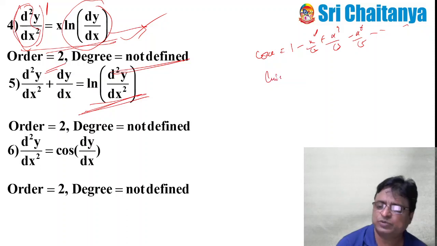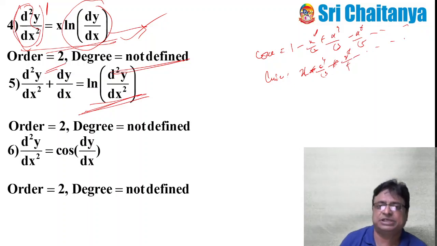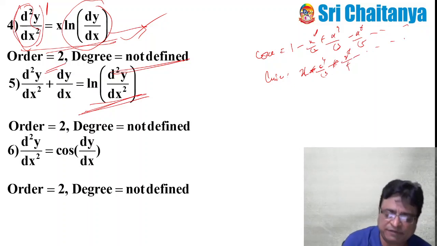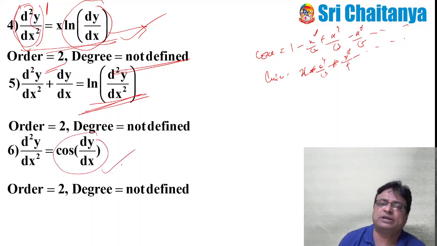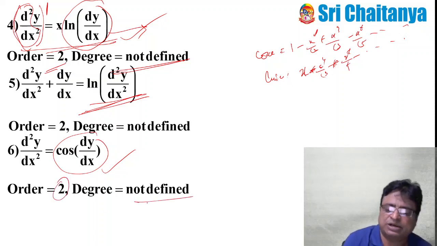The sin x expansion is x minus x cube by factorial 3 plus x power 5 by factorial 5, something like that. These are the expansions of sin and cos. So even for cos of dy by dx, it is not possible for me to express that as a polynomial in terms of differential coefficients. So the order is 2, but the degree is not defined.